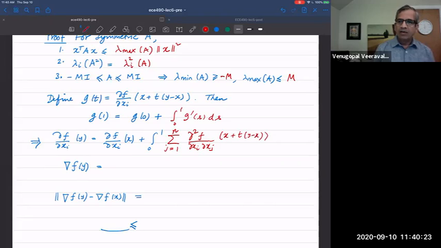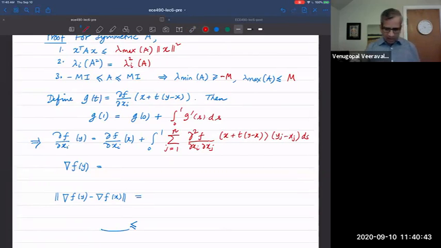And then, since I've taken a partial with respect to the jth component now, what I'm left with is the jth component of y minus x that I multiply with. That's yj minus xj and ds here.